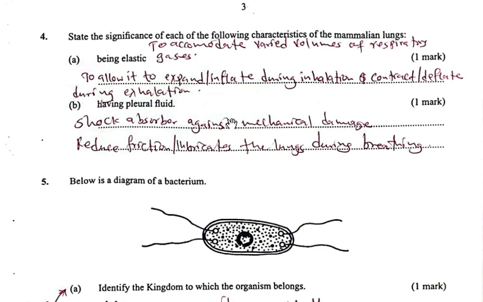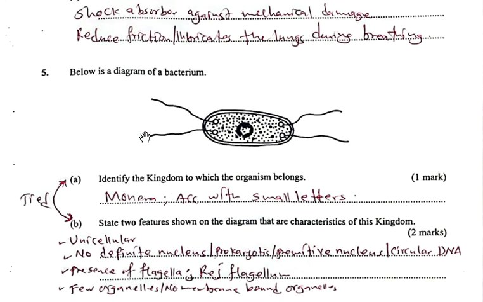Then having pleural fluid, which is a shock absorber against mechanical damage. Apart from that, it reduces friction or lubricates the lungs during breathing. A point to note: don't use prevent friction. It is reduce friction because friction cannot be prevented. It is just reduced.